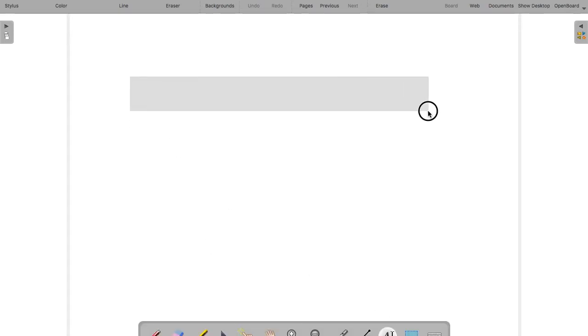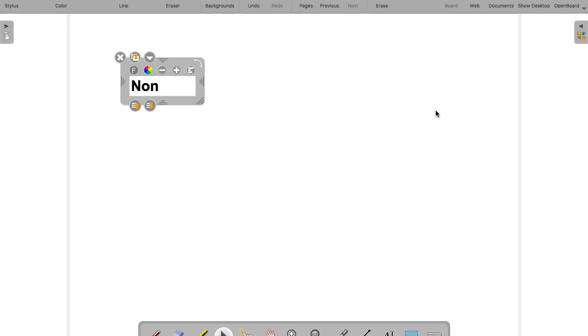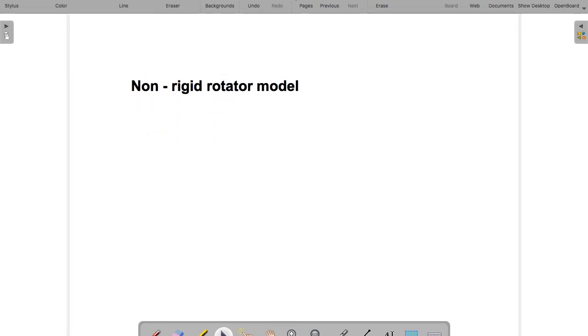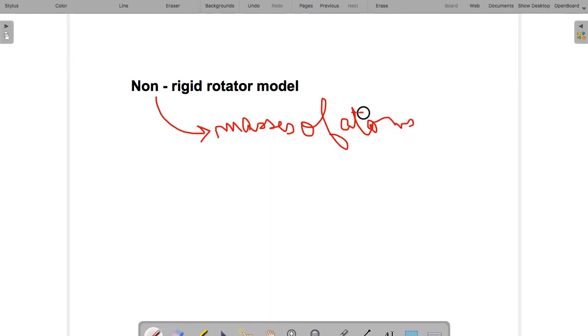So now if we use the non-rigid rotator model, we will be able to get a new kind of information. Obviously we can still get the masses of the atoms forming the molecule, that does not change.